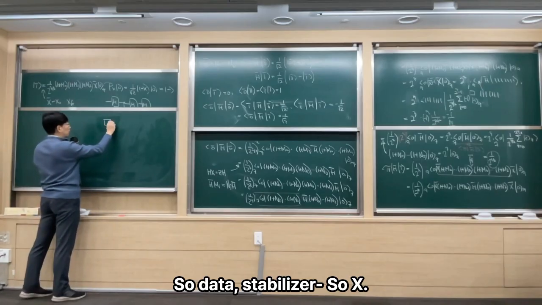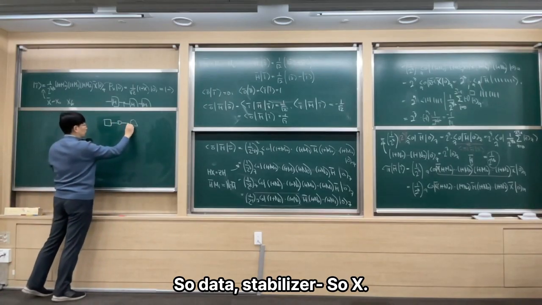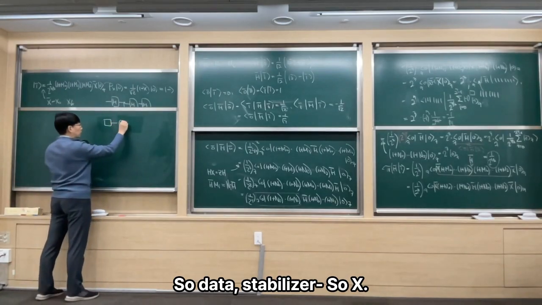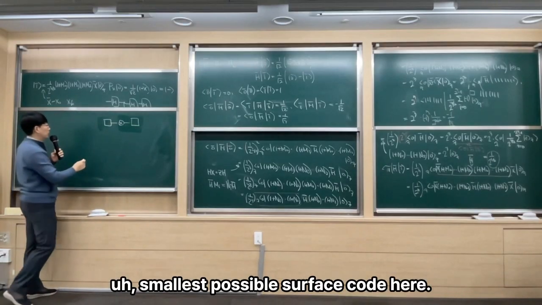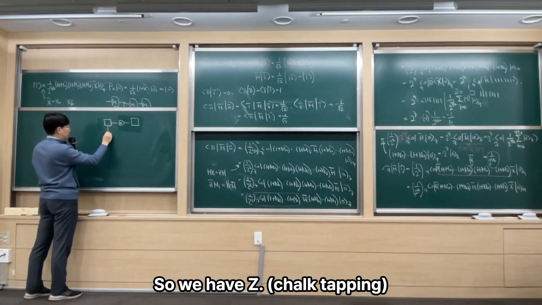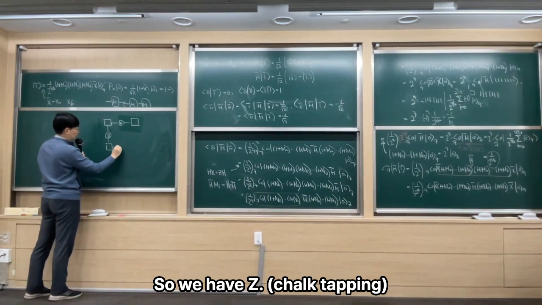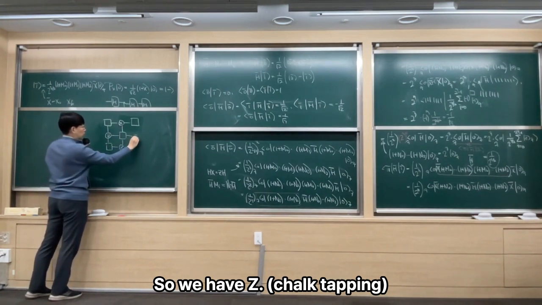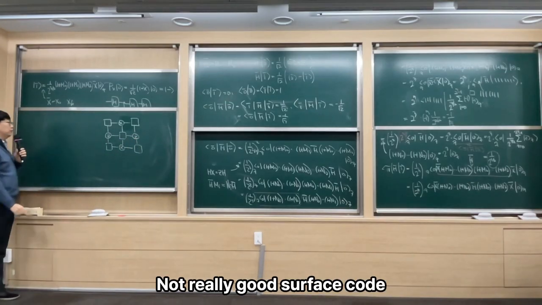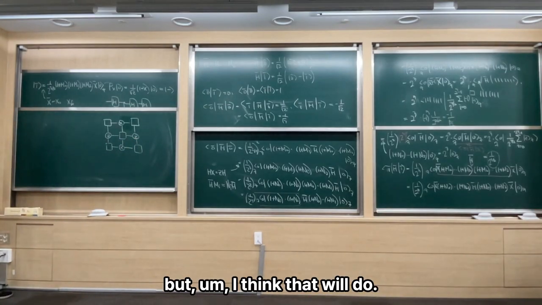So data, stabilizer, so X. I'm going to make the smallest possible surface code here. Not really a good surface code, but I think that will do.